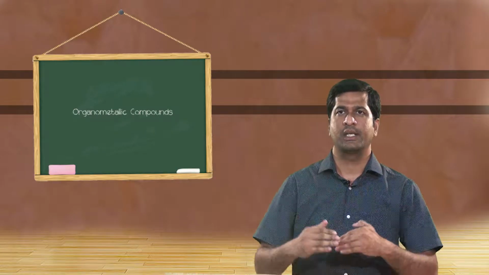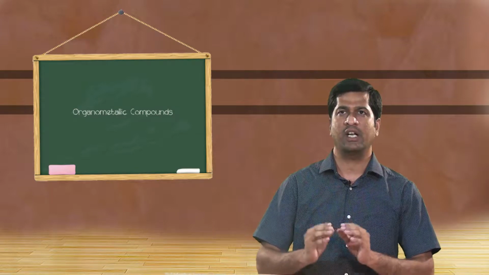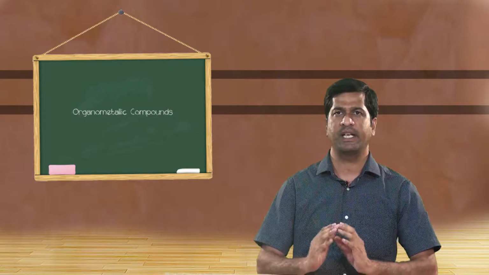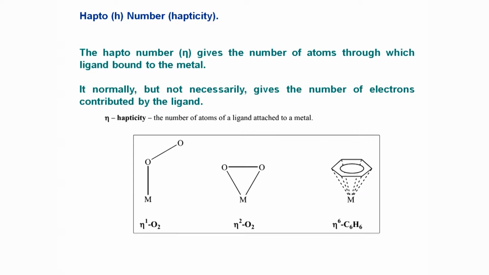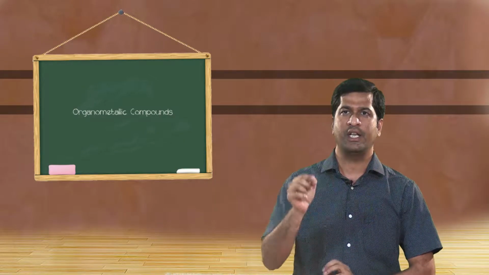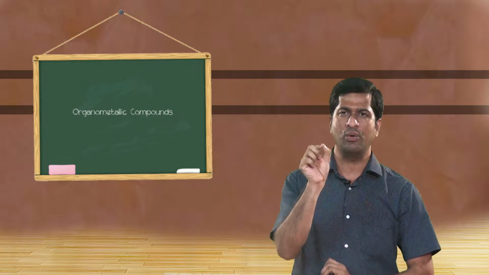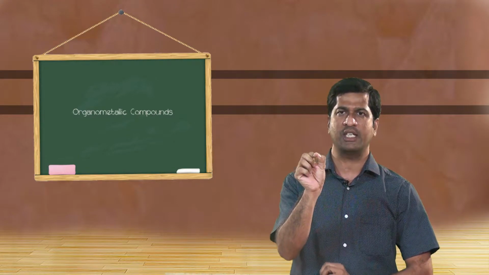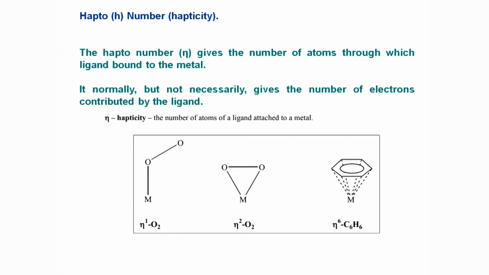In connection to this, an important term in organometallic chemistry is hapticity. What is hapticity? Hapticity is defined as the number of atoms through which the bonded ligand is attached to the metal. In this first structure, the oxygen molecule is attached to the metal through only one oxygen atom. That's why the hapticity of the oxygen molecule in the first figure is 1.